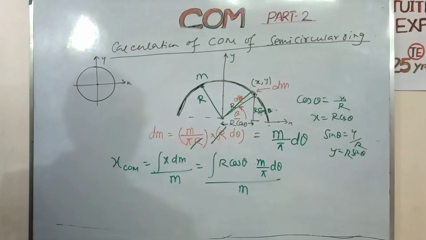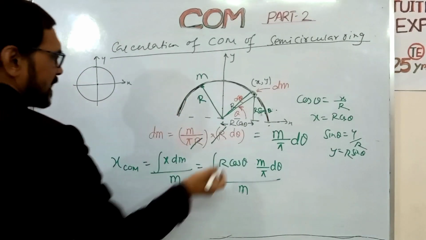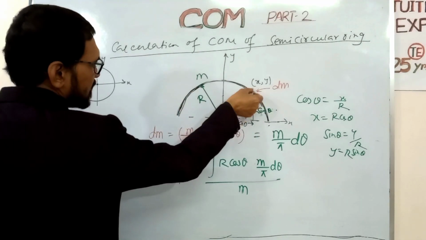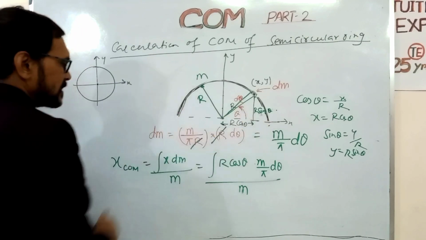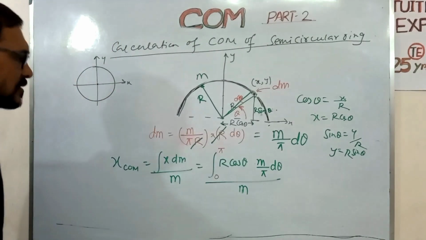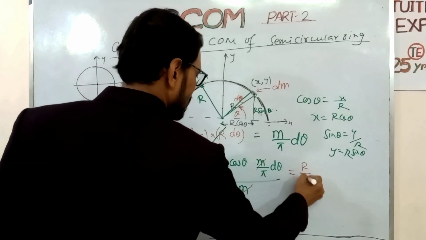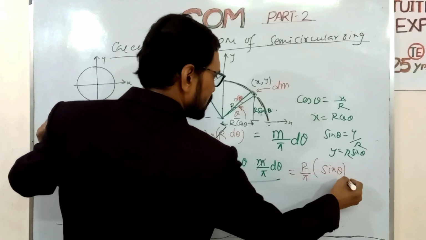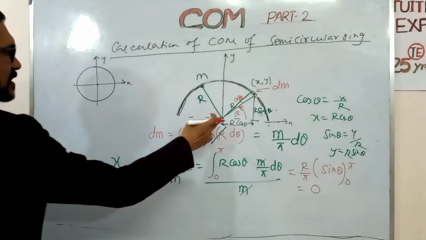Now the angle varies from 0 to pi for the total semicircle. Cancelling, pi r by pi, integration of cos theta d theta is sin theta from 0 to pi, so sin pi is 0 and sin 0 is 0, so this is 0. So the x coordinate of the center of mass will be 0.